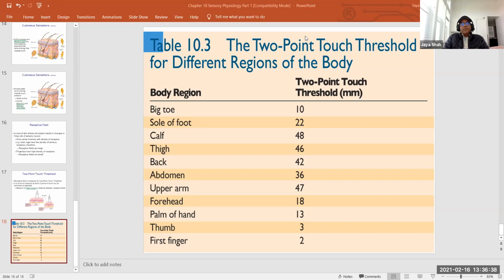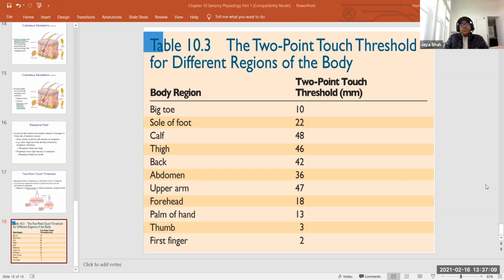Now, Christina, based on this table, which area has the highest density distribution of receptors? The calf. Did you get my question?